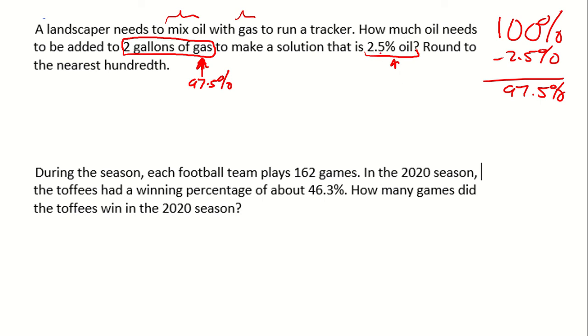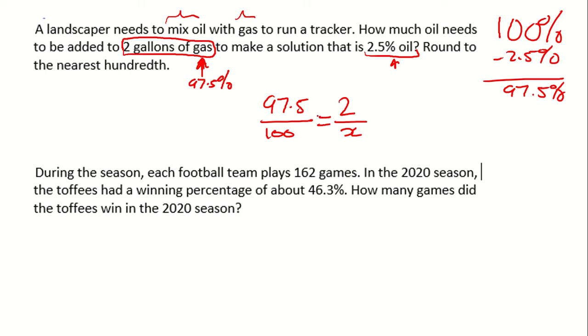And the question wants me to work out how much oil that is in terms of percentage. So I'm going to say, well, I know that 97.5% is out of 100. That has to equal, in this case, 2. And I'm trying to work out how many gallons of the mixture, with the oil and the gas, there are.